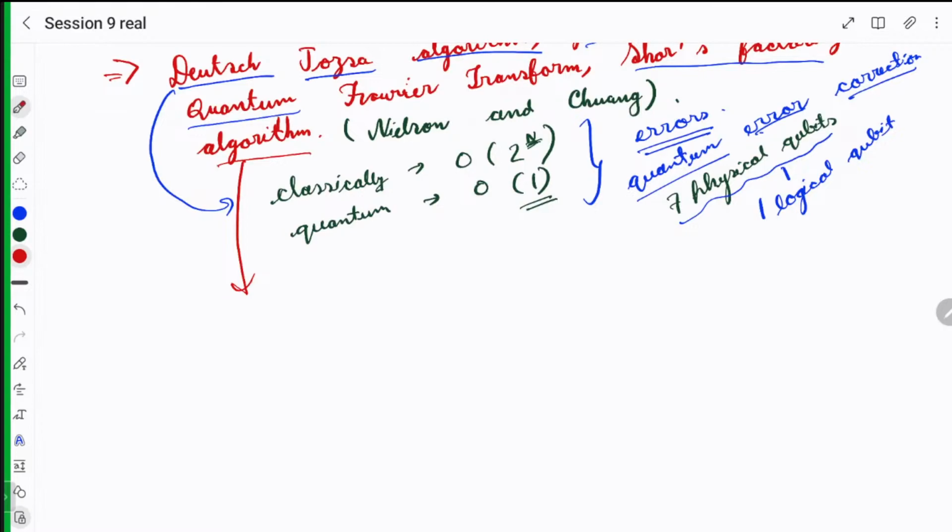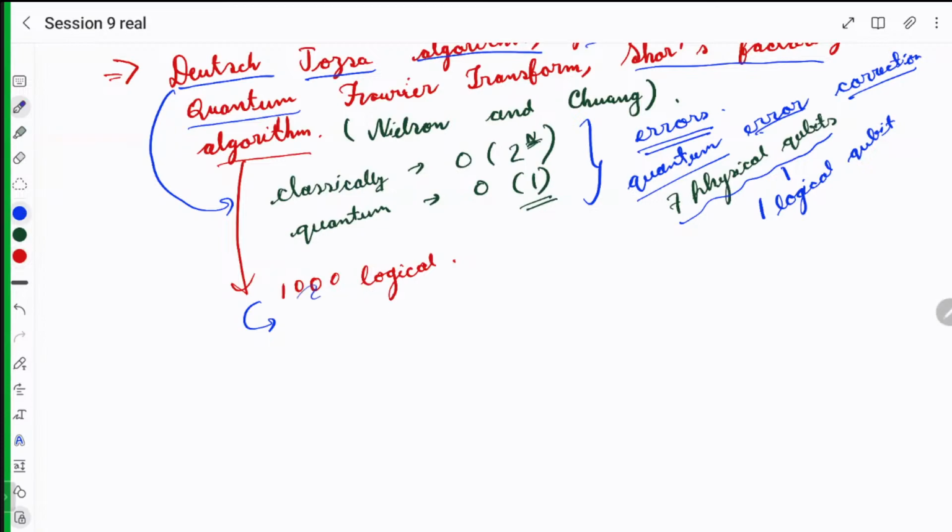Suppose you look at Shor's algorithm. In order to get an advantage over any classical algorithm, you need at least, I think, around 100 logical qubits. And with the best surface codes that we have, 100 or even more, let's say 1,000 logical qubits, will give us a good advantage over classical algorithms.